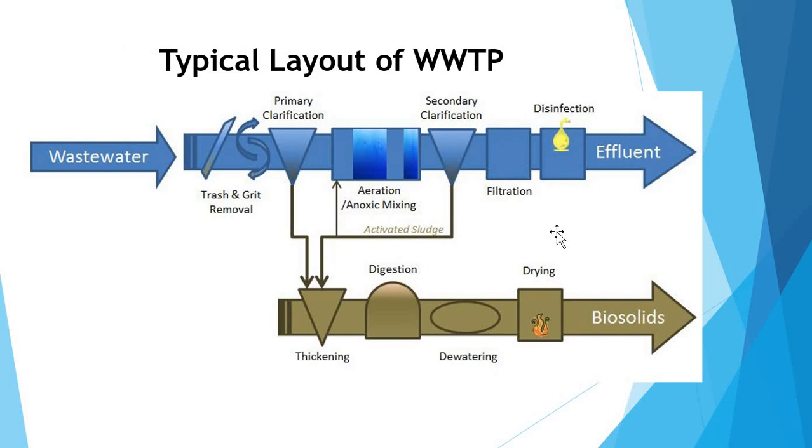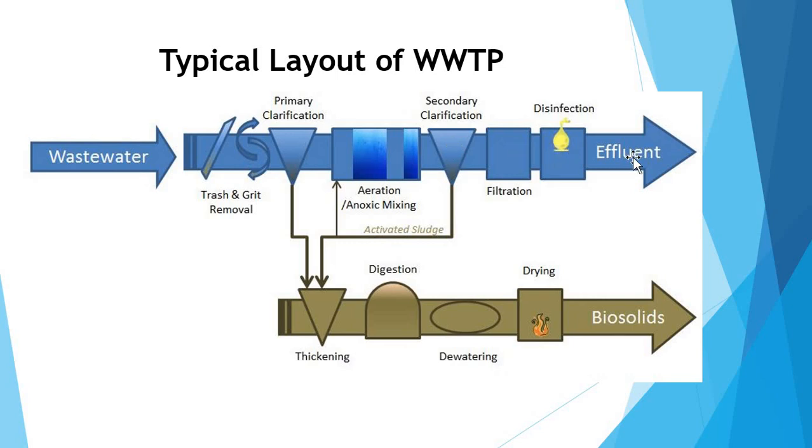So this is more technical than the previous slide. In this, the wastewater enters the screens, then the grit removal chamber, then the primary clarifier, then the aeration tank, and then the secondary clarifier. Filtration happens and then disinfection.